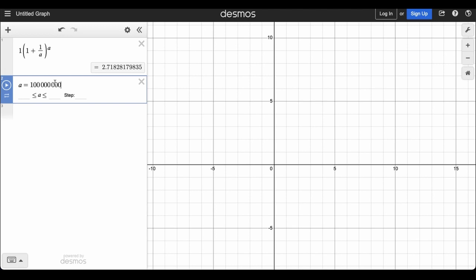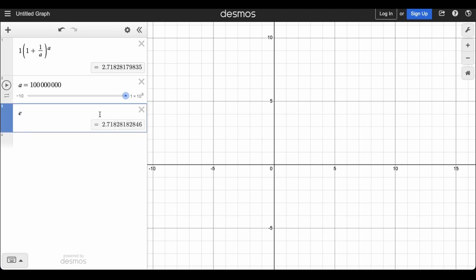What is this number? This number, as you can see, is very, very close to a constant. Or at least we can see that it's approaching some value that isn't growing towards infinity, right? And this value, for those familiar, is simply the value of e, right? This is the definition of e.